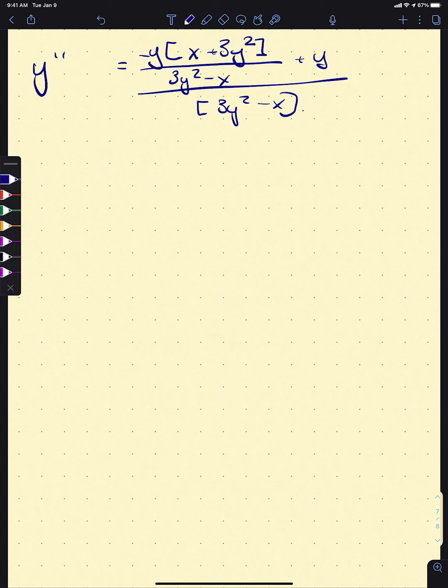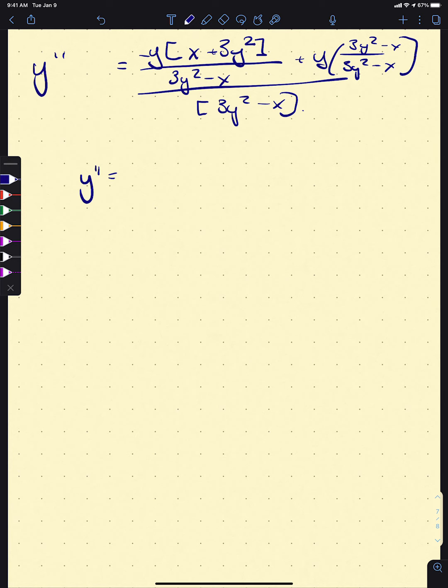into its simplest form. What I'm going to do here is write this y with this denominator, so I'm going to multiply that by 3y squared minus x over 3y squared minus x. That's going to make me able to take this derivative down to the bottom.